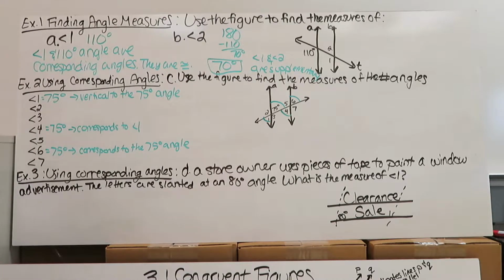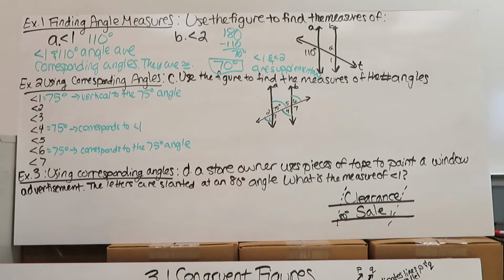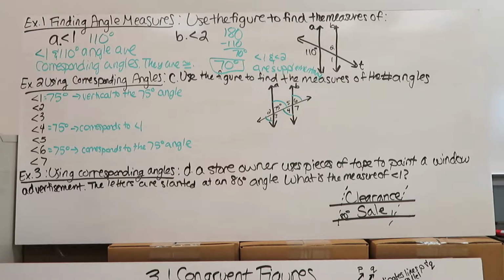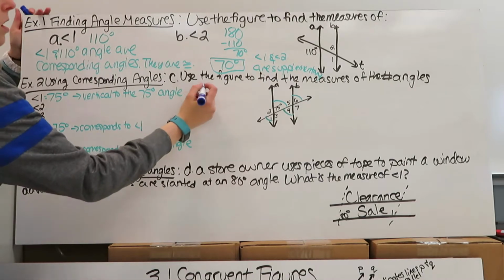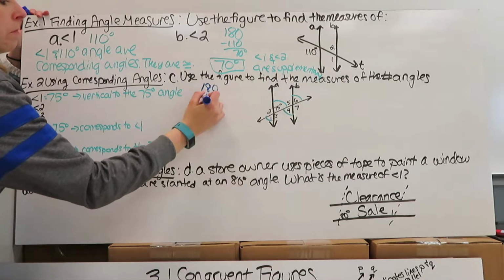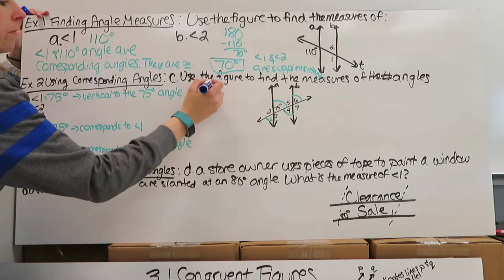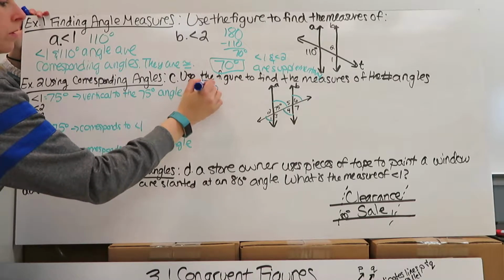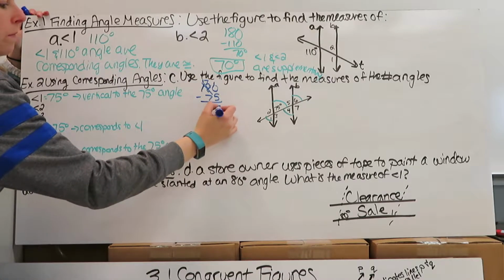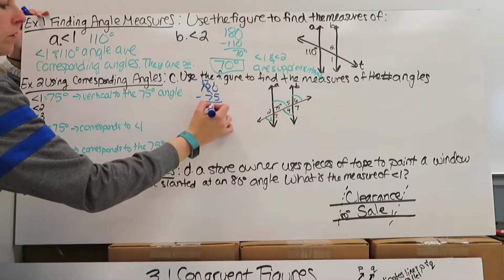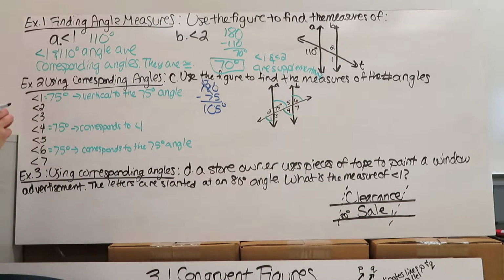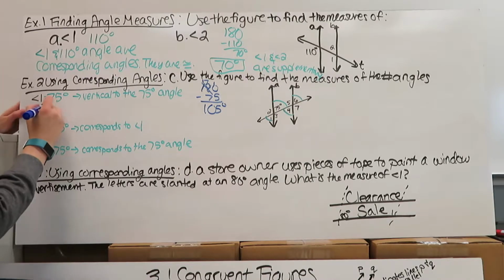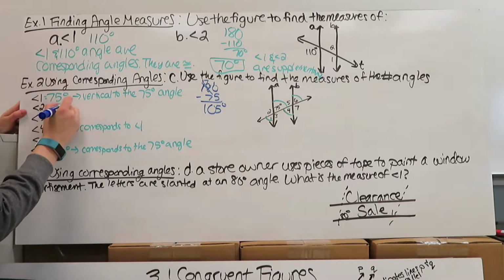Now what I'm gonna do is get a different color and figure out what the measure of angle 2, 3, 5, and 7 are. So 180 minus 75, that's gonna give me 105 degrees. So measure of angle 2 is 105 degrees.